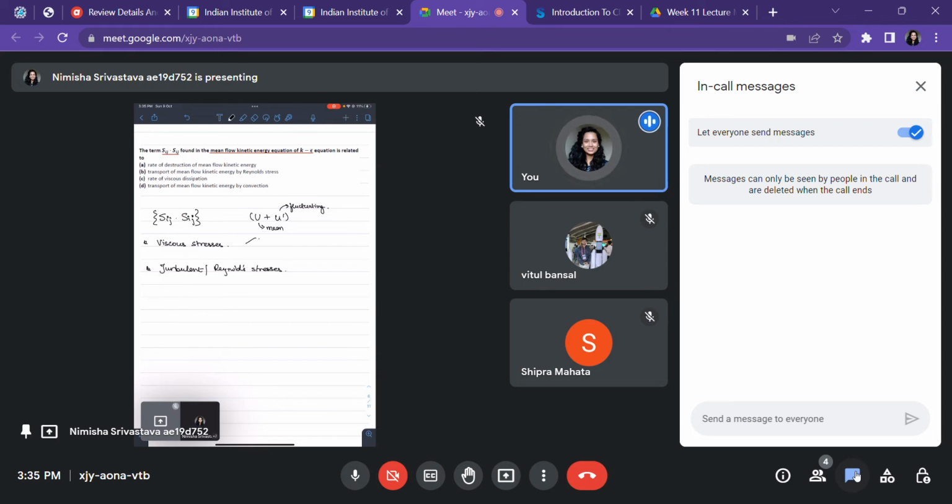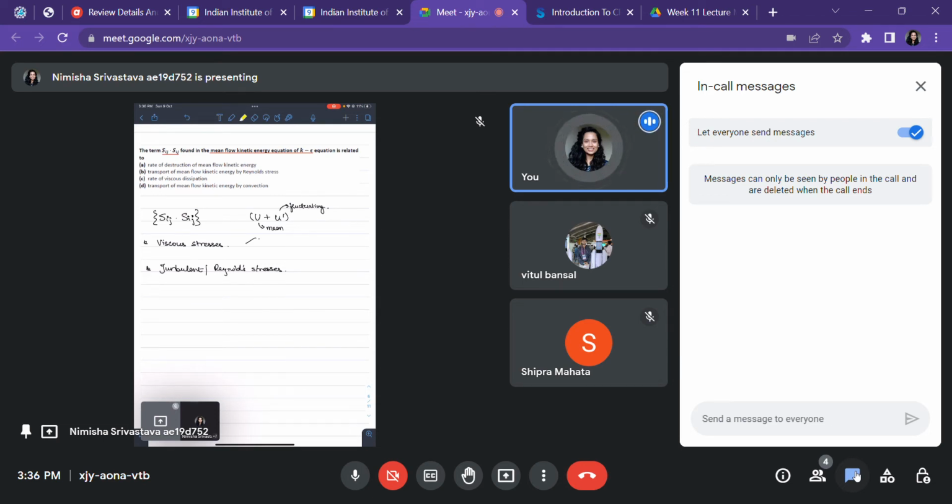So now we're being asked what this Sij term corresponds to. Let's see what all it tells us. Rate of destruction of mean kinetic flow energy? No, that's not right. Rate of destruction of mean flow kinetic energy would be when we're talking about epsilon.